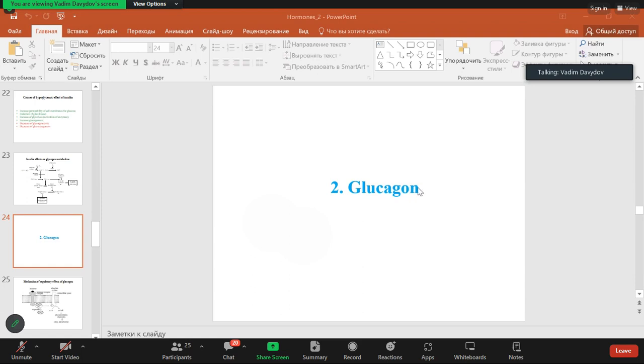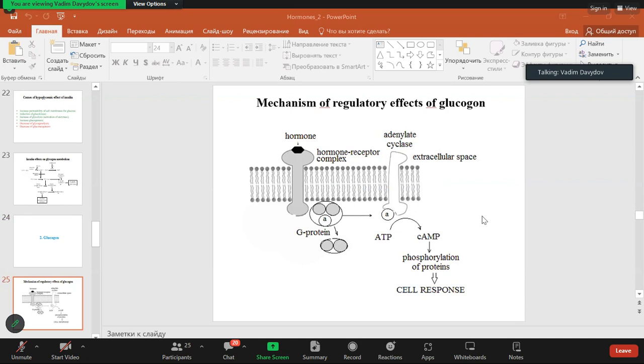So, what can you say about stimulation of glucagon secretion? Again, the concentration of glucose in the blood is very important. A decreased level of glucose in the blood, hypoglycemia, brings about increased production of that hormone.